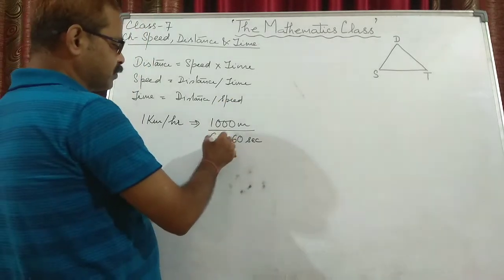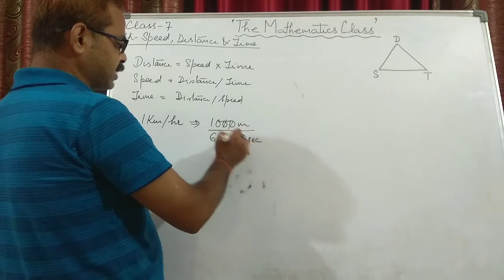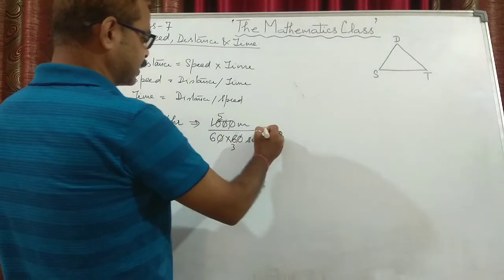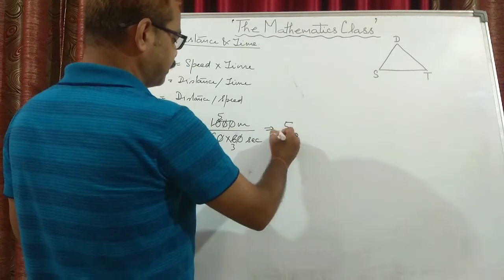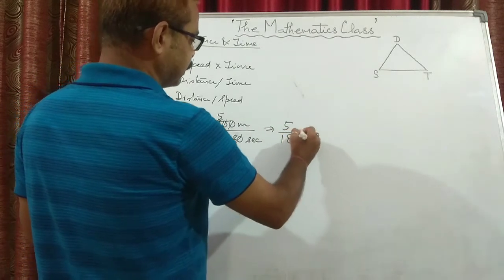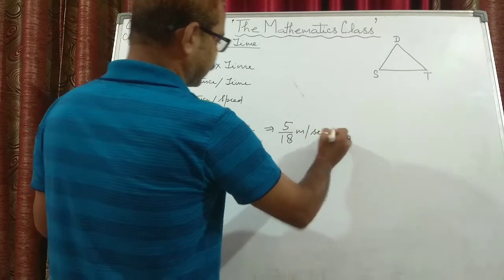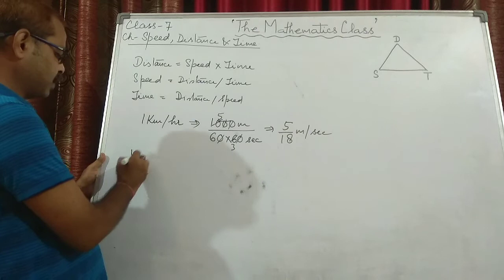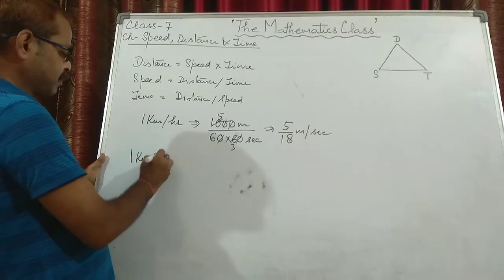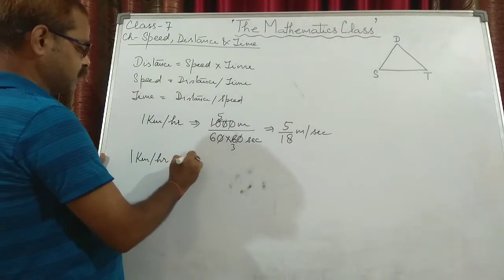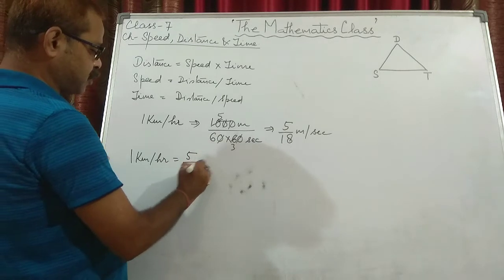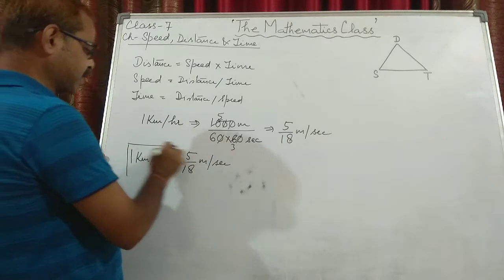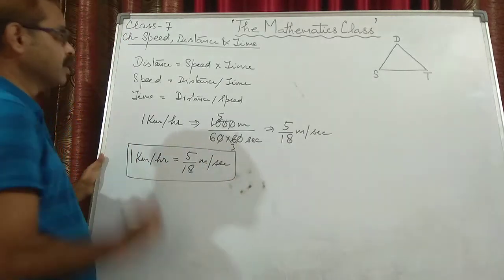Now when we solve, 0 and 0 cancel, 0, 0 cancel, 2 5s are 10, 2 3s are 6, it becomes 5 upon 18 meter per second. So always remember that 1 kilometer per hour is equal to 5 upon 18 meters per second. This is one conversion that we will be using.